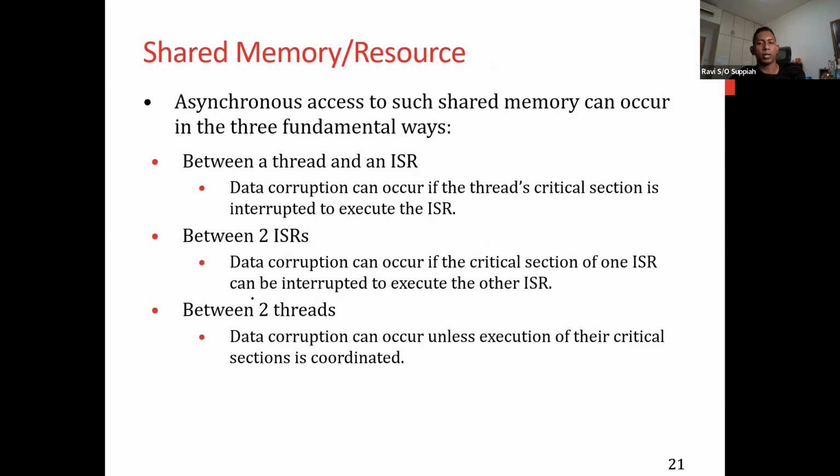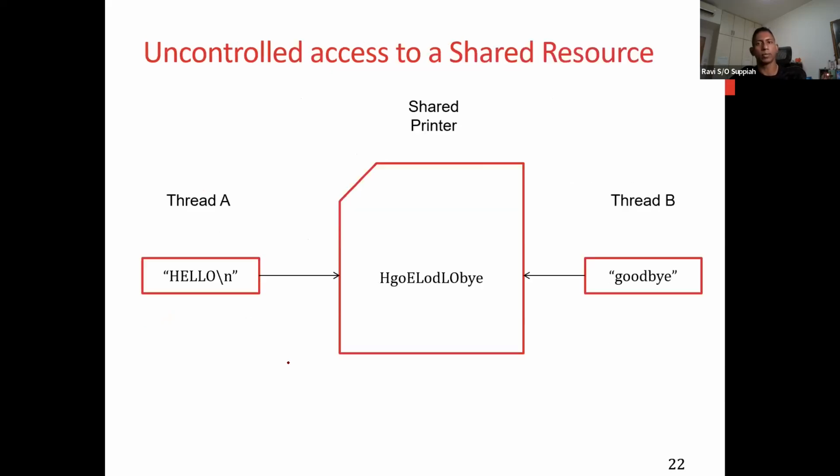But what we are more keen to understand is the third option, which is between two threads, because between two threads a context switch can occur anytime. So when a context switch can occur anytime, how do I protect this access? That is what we want to explore.